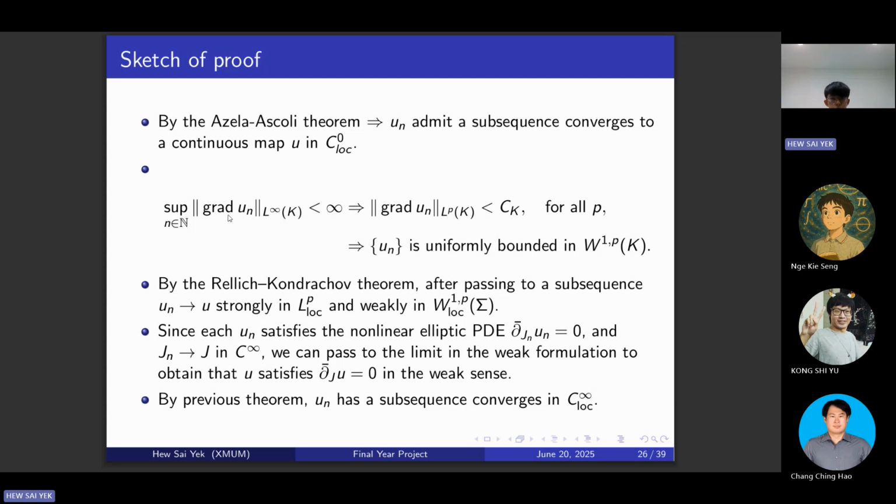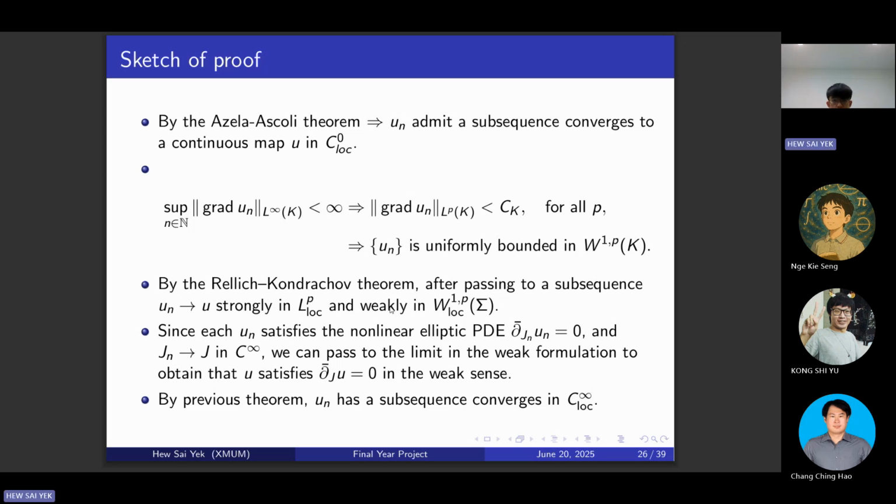And the gradient of u_n is uniformly bounded in the Sobolev space by the Poincaré inequality. Next, by the elliptic compactness theorem, u_n has a subsequence converging strongly in L^p and weakly in W^{1,p}. If u_n is a solution of the Cauchy-Riemann equation, then when we pass to the limit, it is a weak solution of the Cauchy-Riemann equation, so it becomes smooth.